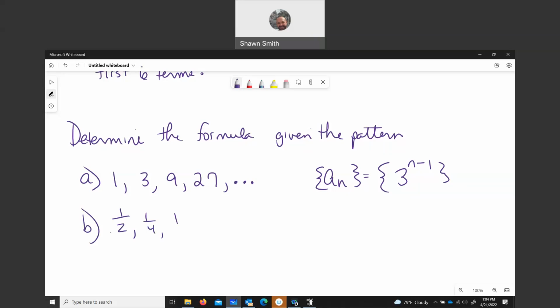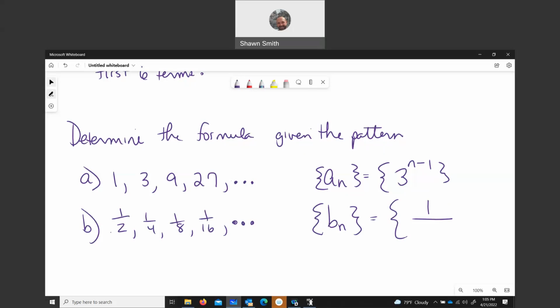1/2, 1/4, 1/8, 1/16. This one might be a little bit more obvious to see. Let's call this one B sub n. So you see the numerator never changed, so it's constant. So that tells you it has to be 1, right? But my denominator is changing. 2 to 4 to 8.